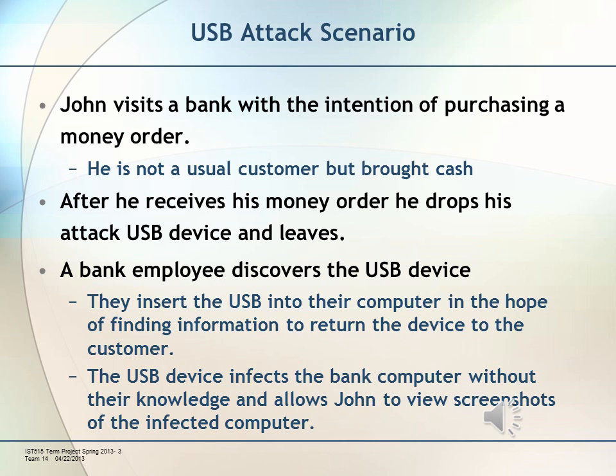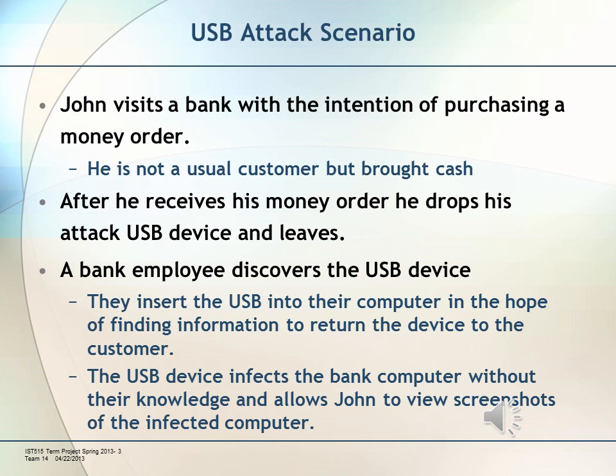So as we're going through this lab, what we've put together is an attack scenario. The goal behind this is simply to make this a more relatable and hopefully more practical lesson as we walk through this example. So we have our adversary, a bad guy named John, and he visits the bank and goes to the front counter acting like he simply wants to purchase a money order.